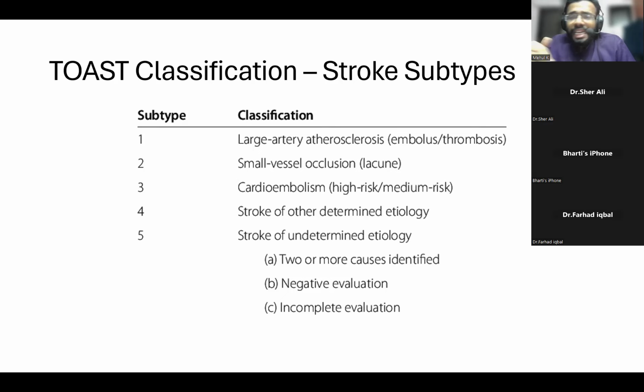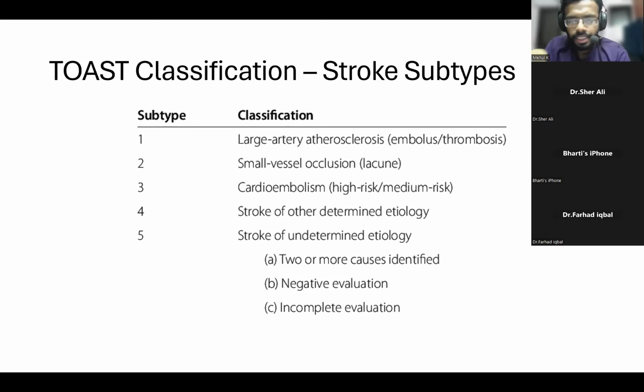So the cause of stroke can vary based on geography. For example, carotid artery atherosclerosis is very common in USA. Moyamoya disease is more common in Japan.